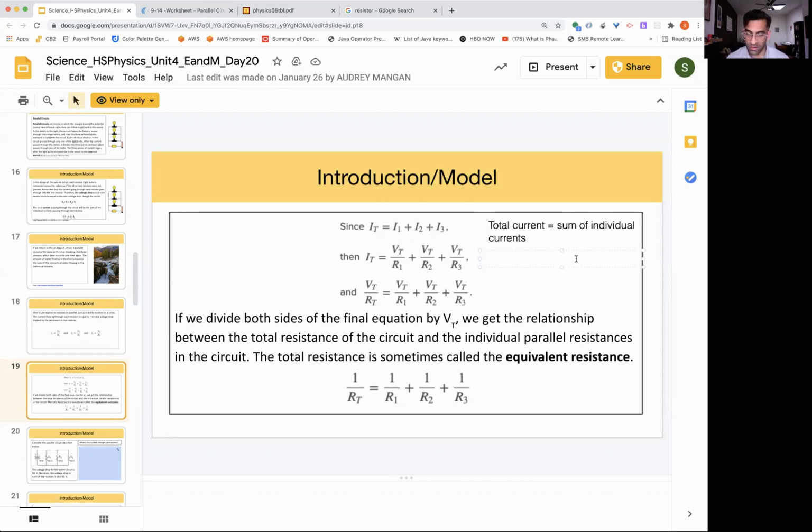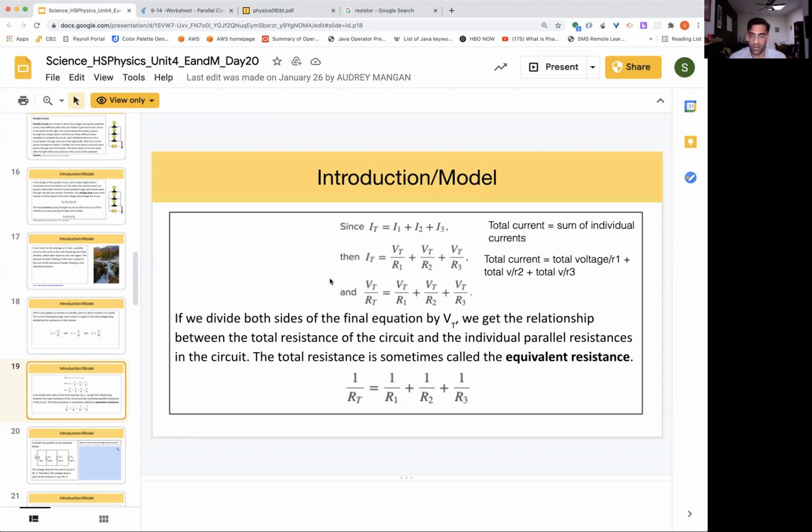Here we take Ohm's law, and we're replacing I1, I2, and I3 with our relationship in a parallel circuit, which is that total current equals total voltage divided by resistance 1 plus total V divided by resistance 2 plus total V divided by resistance 3, and so on and so forth, okay?